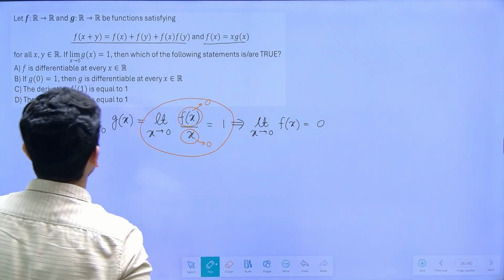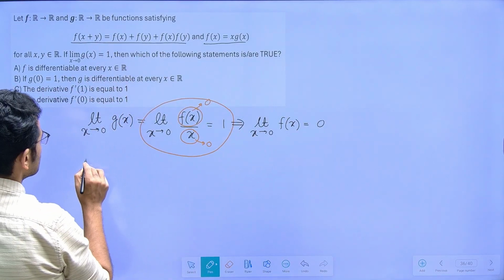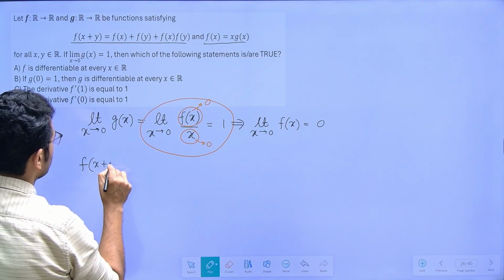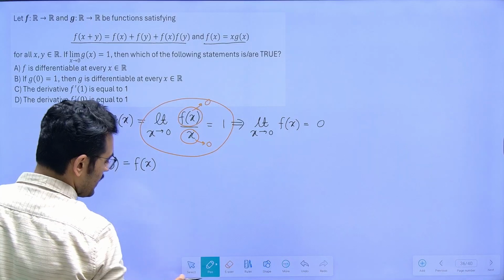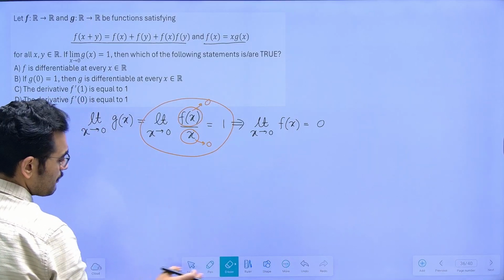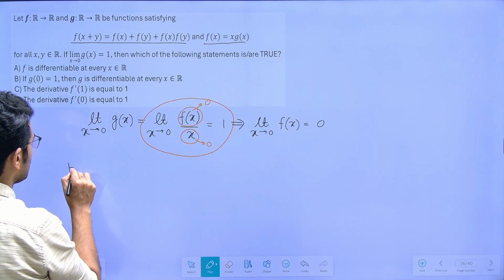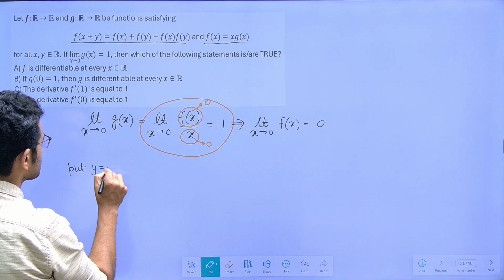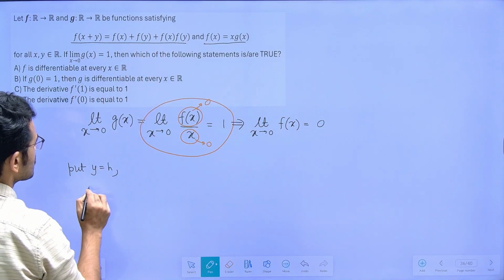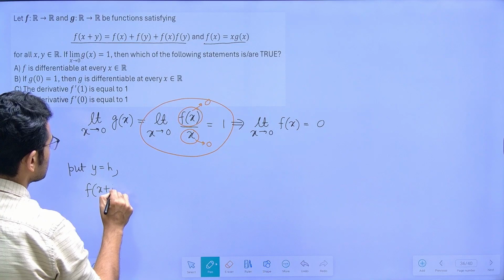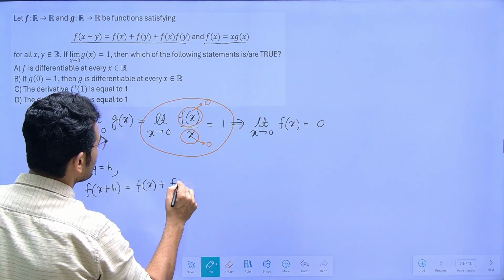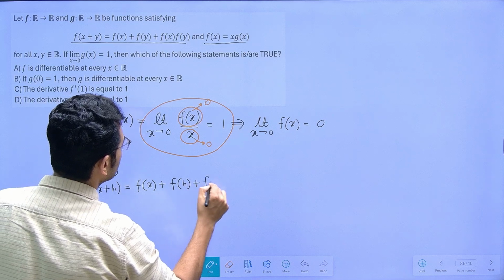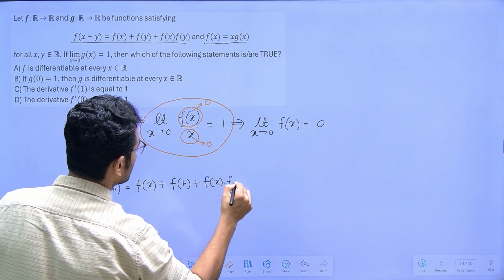Then only the 0 by 0 form will come. Now, let us write the functional equation f(x+y) equal to f(x) plus f(y) plus f(x)f(y). Let me replace y by h. Put y equal to h in the functional equation. So it will be f(x+h) equal to f(x) plus f(h) plus f(x) into f(h).